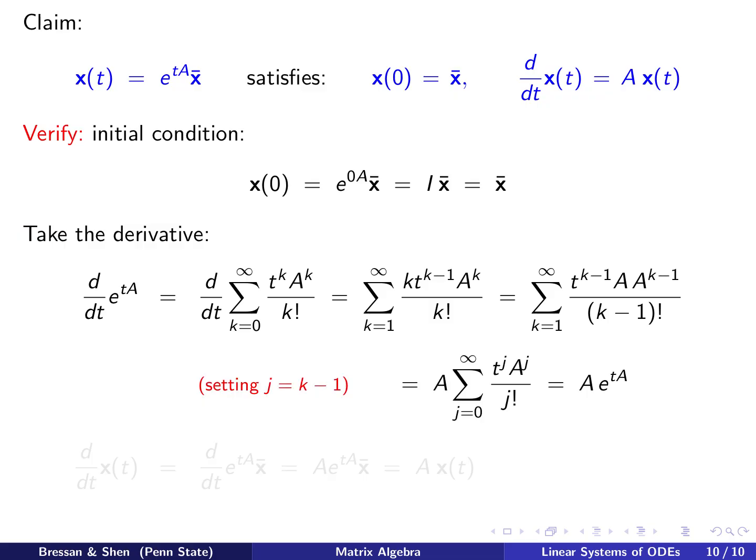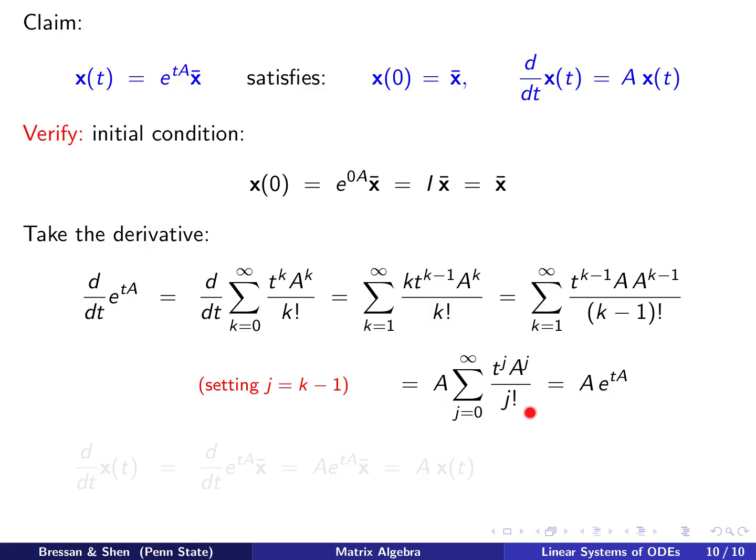Now in this expression, I'm going to change the index a bit because I see that I have k minus 1 everywhere. So let me call this j. j is just k minus 1. So summing k from 1 to infinity is j from 0 to infinity. So I would change this to t to the j, A to the j, and j factorial. And then I have matrix A, which doesn't contain any index, so I can pull it out. So I'll have A times the summation here, j from 0 to infinity of this expression.